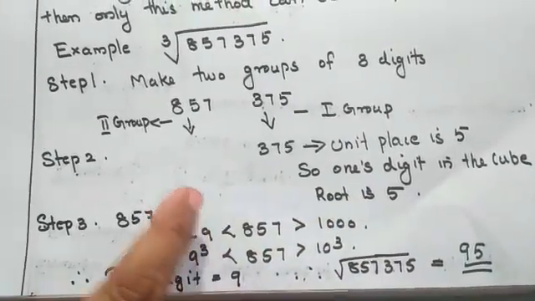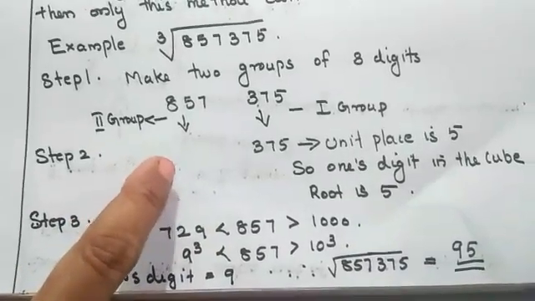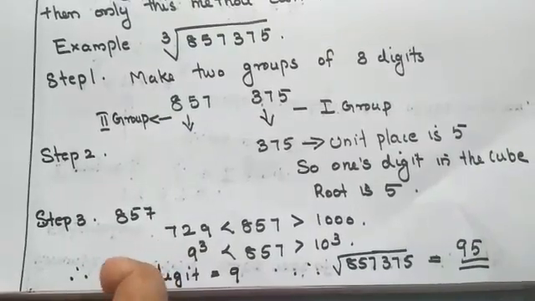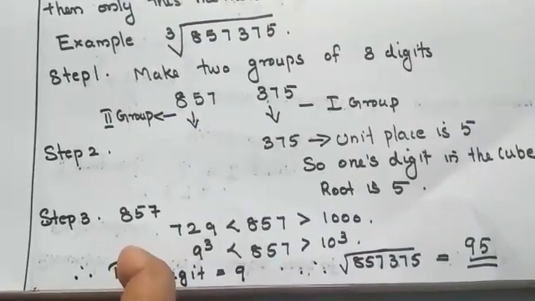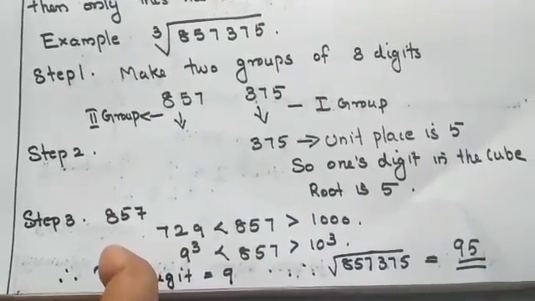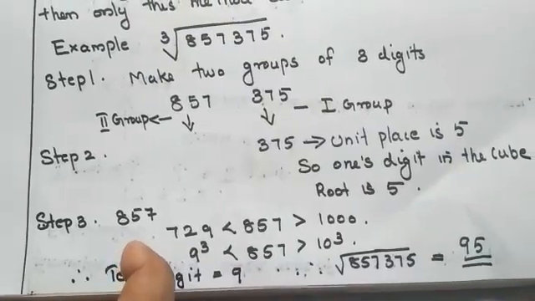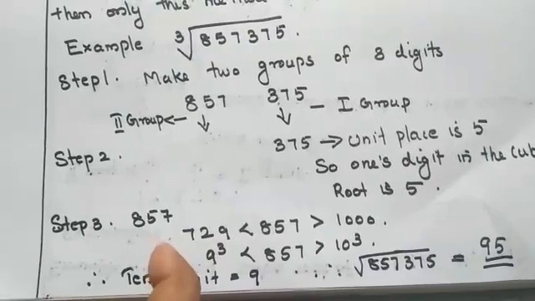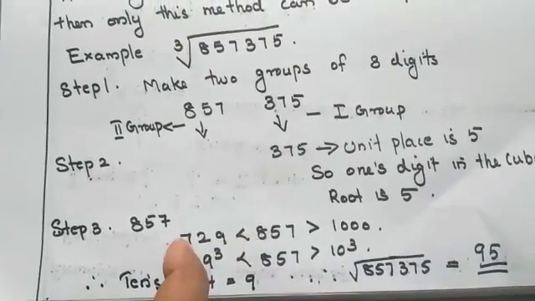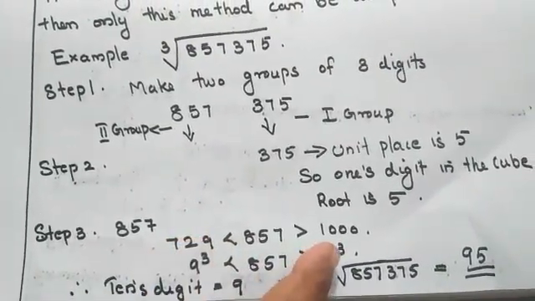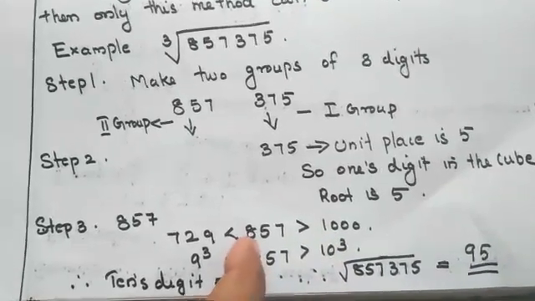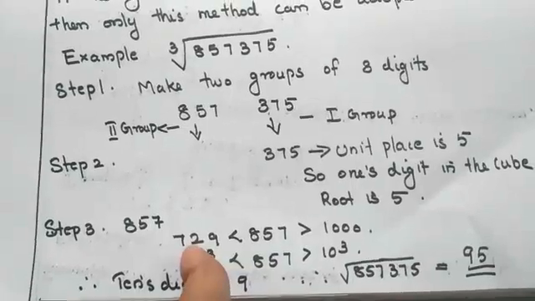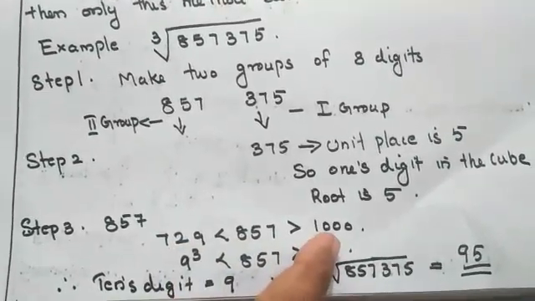Then consider the second group, 857. So we will assume 857 will be in between 2 perfect cubes. Which perfect cubes are there? 729 and 1000. 857 is in between these two cubes, 729 and 1000.